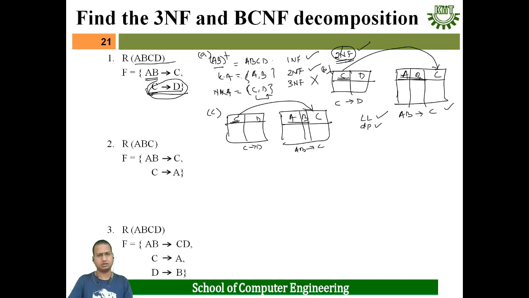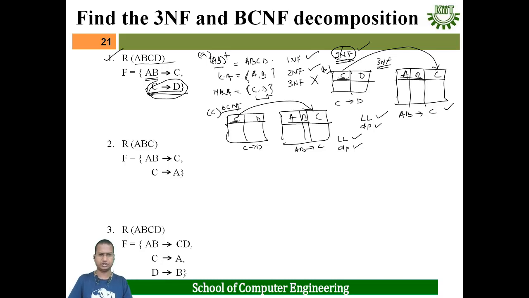In BCNF decomposition also the lossless join property and dependency preservation are satisfied. This is your BCNF decomposition and this is your 3NF decomposition. Both the BCNF and 3NF decompositions are the same in this case. That means this is your overall question number 1.